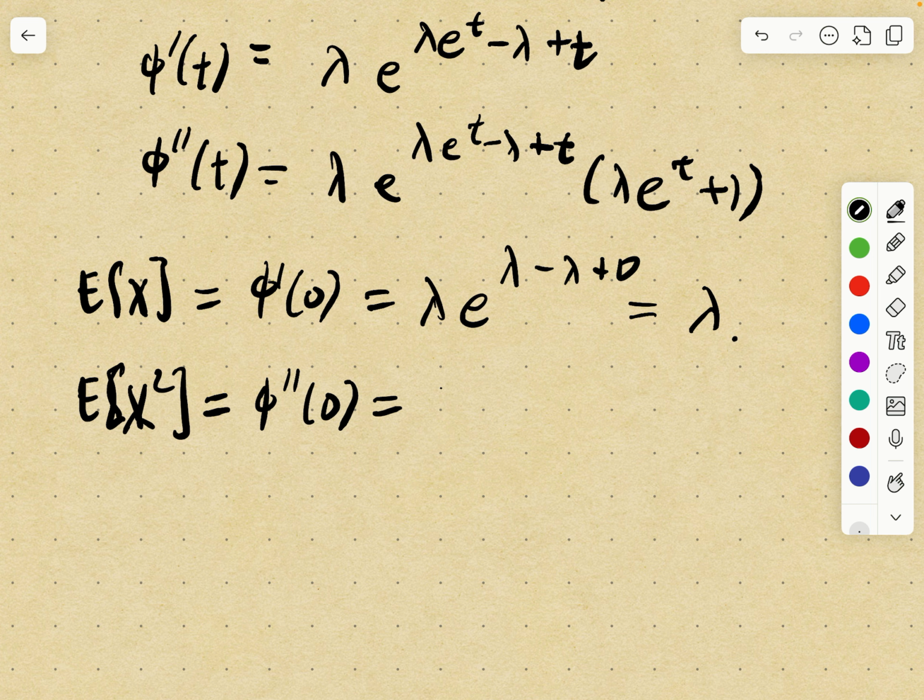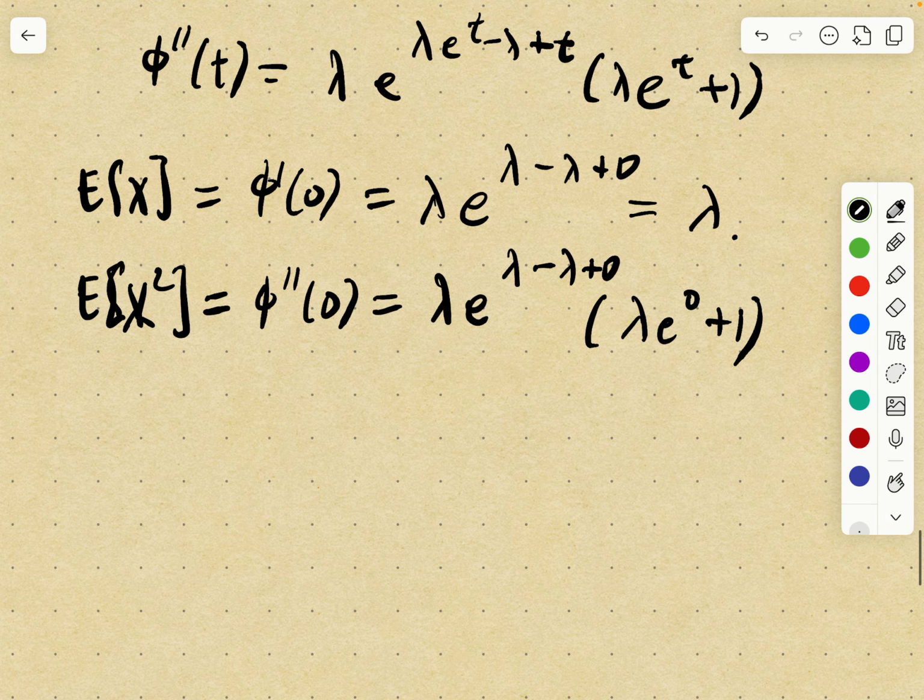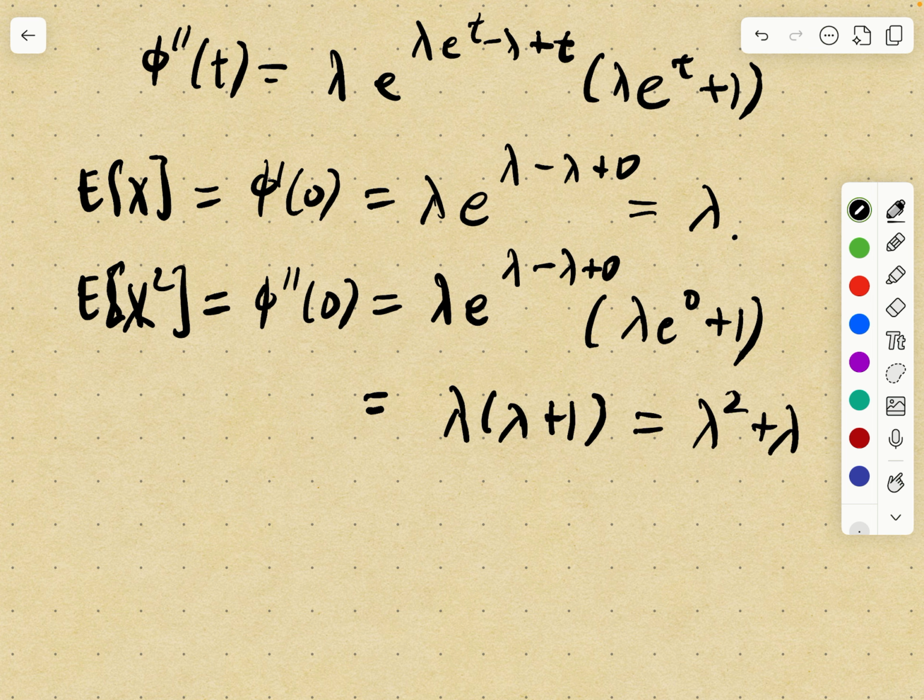When you do that, you're going to get lambda e to the lambda minus lambda plus 0, times lambda e to the 0 plus 1. So you're going to get lambda times 1 times lambda plus 1, which is lambda squared plus lambda.